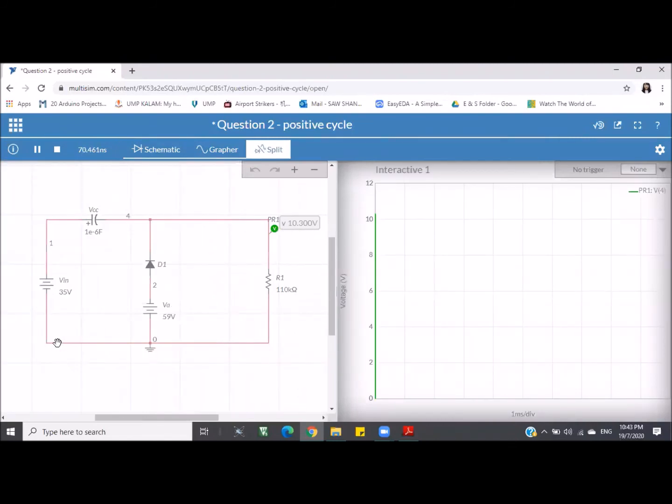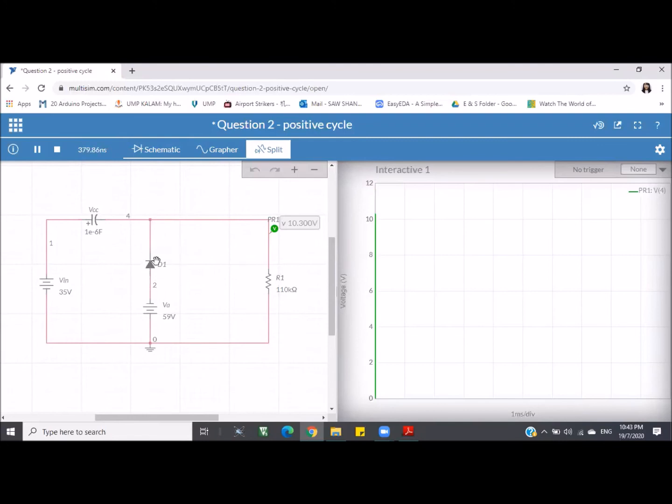For the positive cycle, the silicon diode will be a short circuit, so the current will flow through the capacitor and then enter the resistor. So here will be the current flow direction. So this one will be an open circuit.